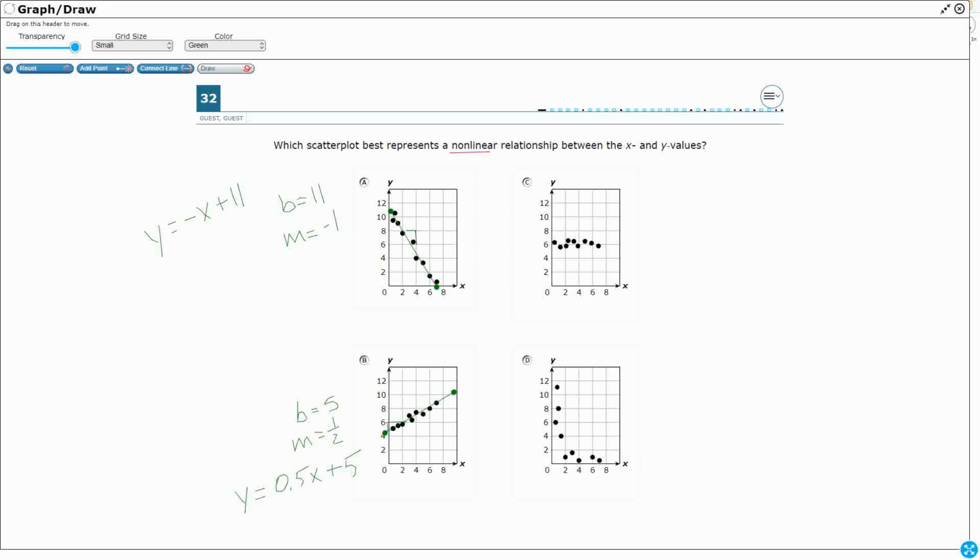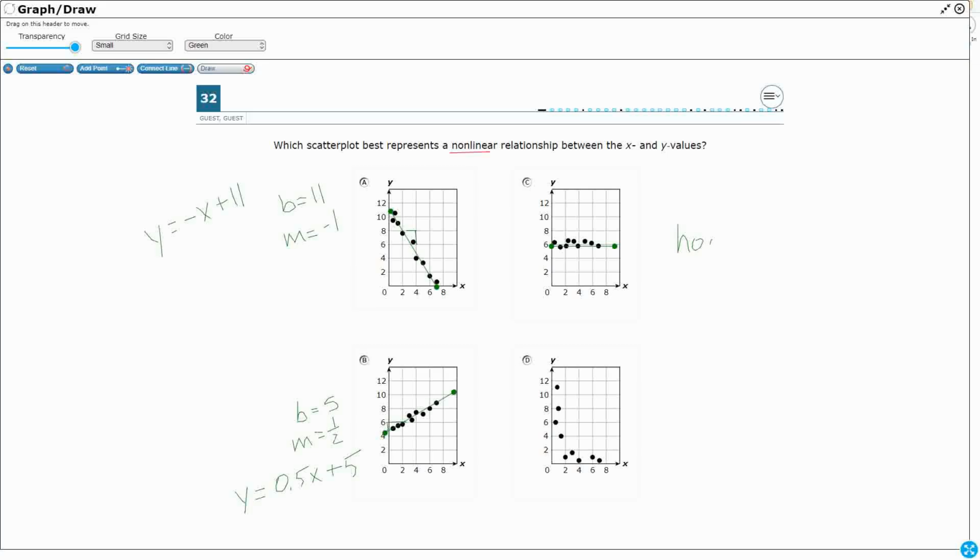Let's check C. C looks like it's going straight across. So I'm going to get right there at 6, and for the most part it just goes right across. See if I can get a line, there we go, that goes right across there. And so this equation is going to be a little bit different.